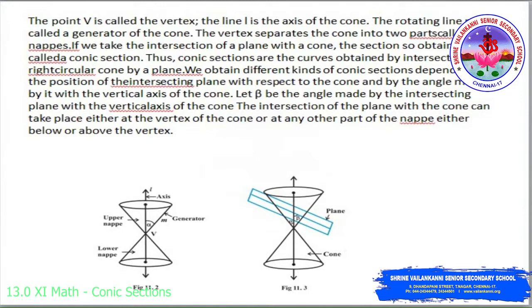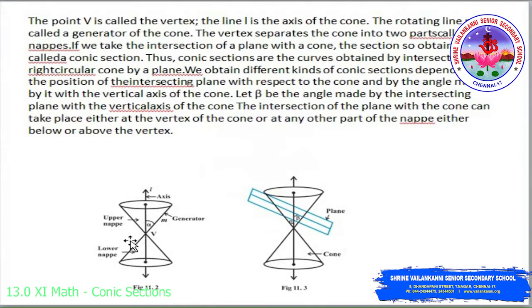Then the surface generated is a double napped right circular hollow cone, hereafter referred to as cone, and extending indefinitely far in both directions. The point V is called the vertex, the line L is the axis of the cone, and the rotating line M is called a generator of the cone.